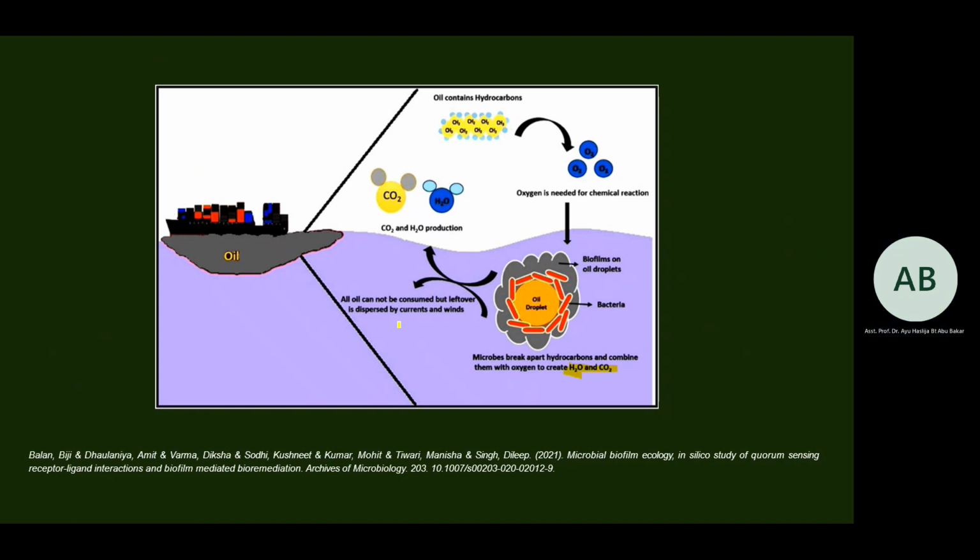Okay, there are few species of aquatic life that will consume the hydrocarbon. Okay, some of the oil which will be volatile to the atmosphere. Okay, so and it will be in the atmosphere over here.